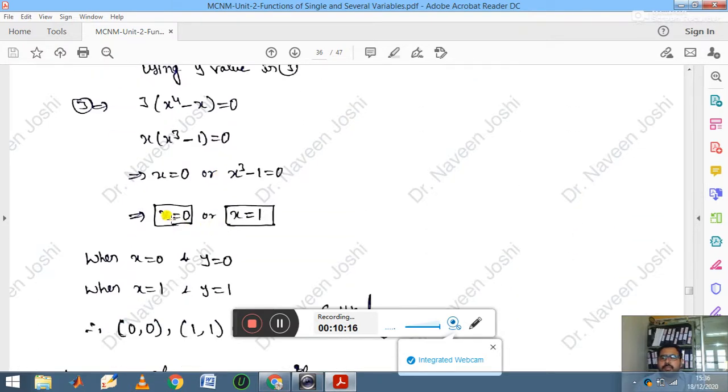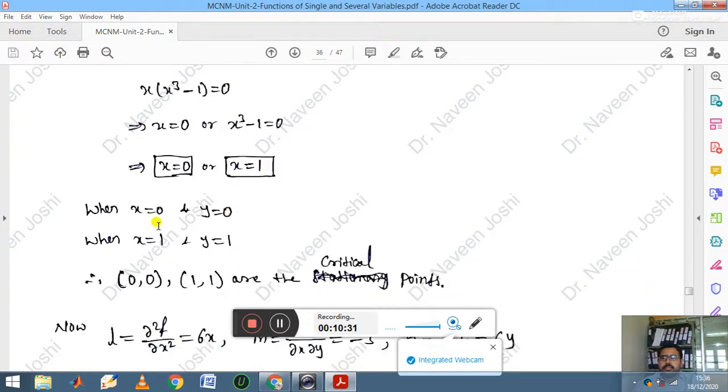When you use x equals 0, you find the corresponding y value; similarly, with x value 1, you find the corresponding y value. Okay, then if you solve when x equals 0, your y value is 0.